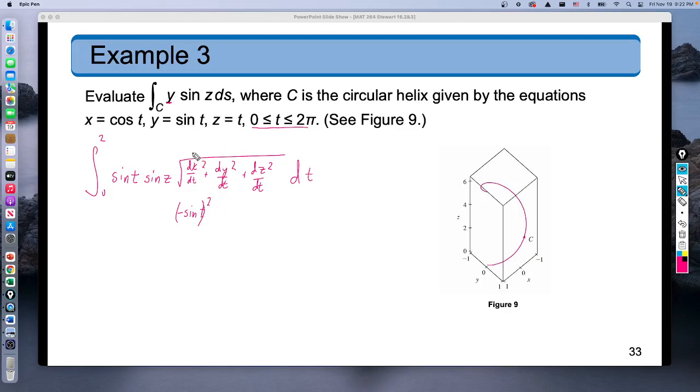dy is cosine t, so y is sine t, so when we take the derivative, we're going to get cosine t, making that get squared because of this. And then dz is just dt, so it's 1.